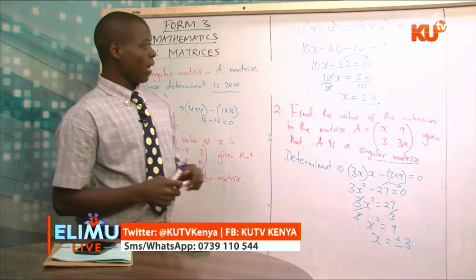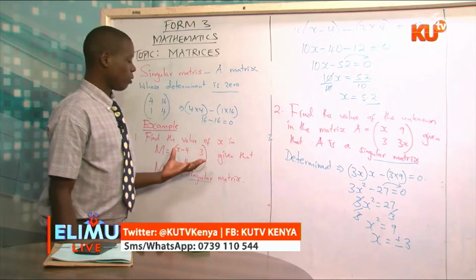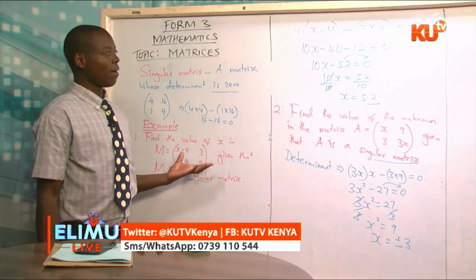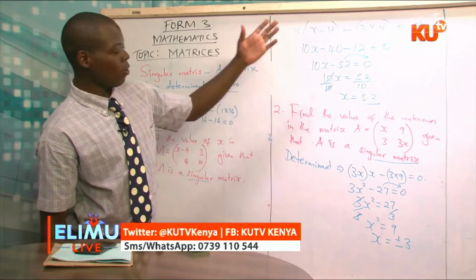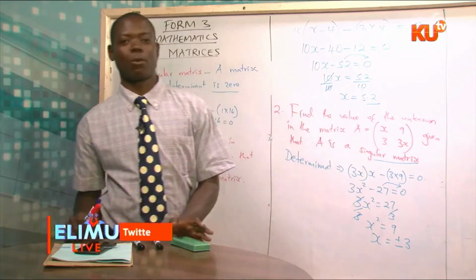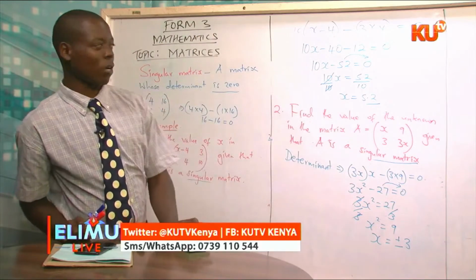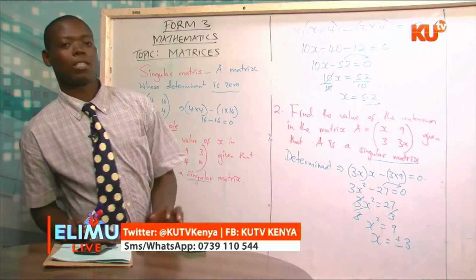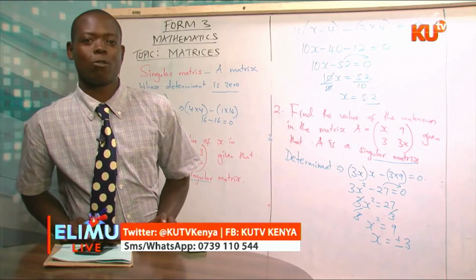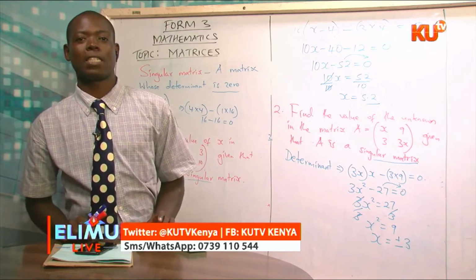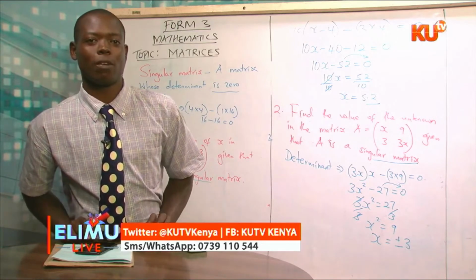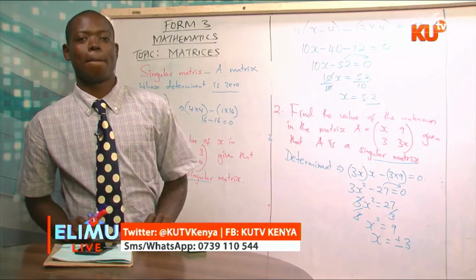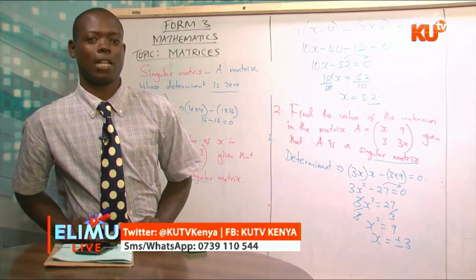That is to imply that you will either have a situation where you have a linear equation, or you'll end up with a quadratic equation. Be able to know how to work it out. At the end of it all, the main thing is based on understanding how to determine the determinant of a matrix, which is simply the product of elements in the leading diagonal minus the products of elements in the other diagonal.